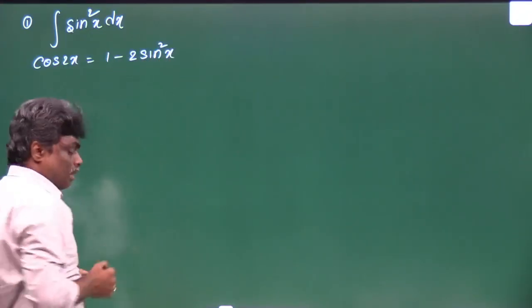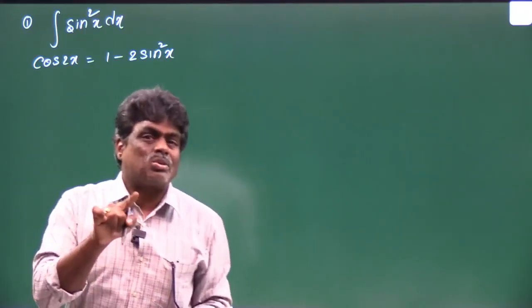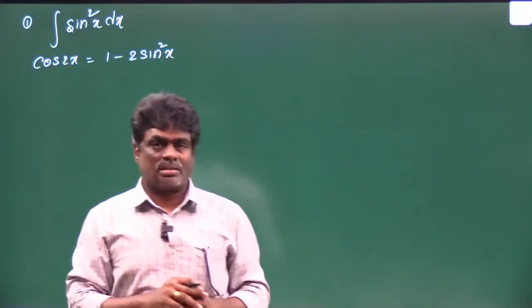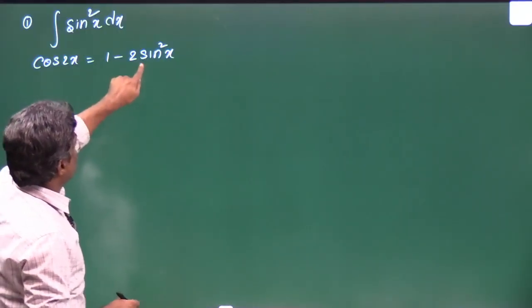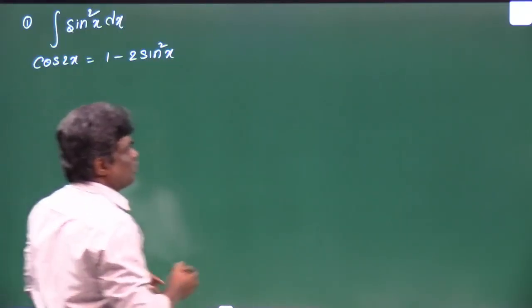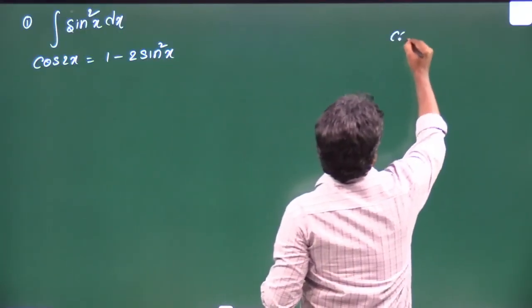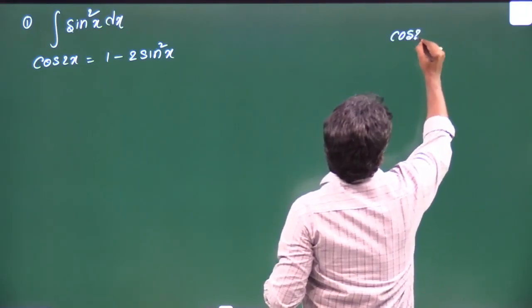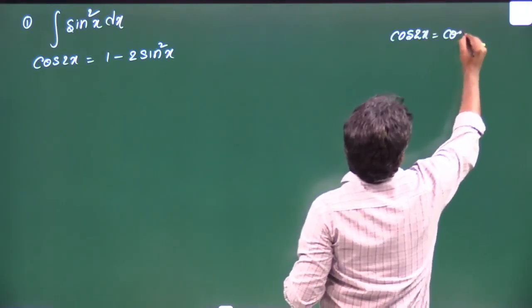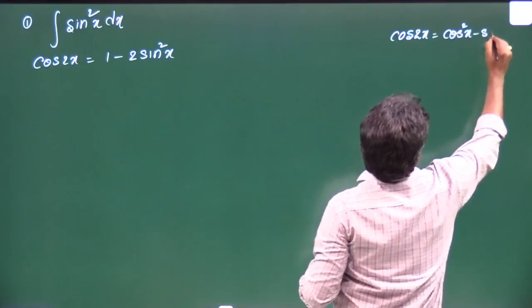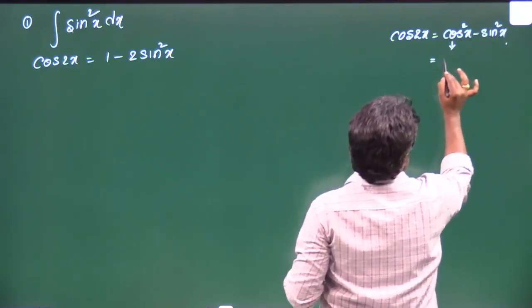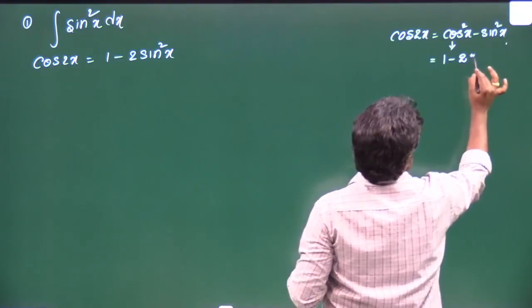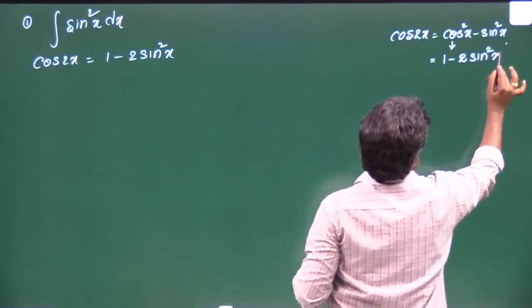I hope you know cos 2x is cos square x minus sine square x. If you convert everything into sine square x, then it will be 1 minus 2 sine square x. If anybody forgot, cos 2x is nothing but cos square x minus sine square x, and if you convert this cos square into sine square, it will be 1 minus 2 sine square x.